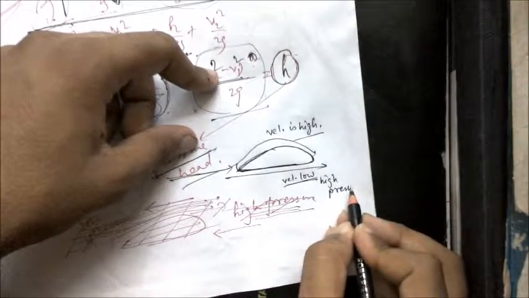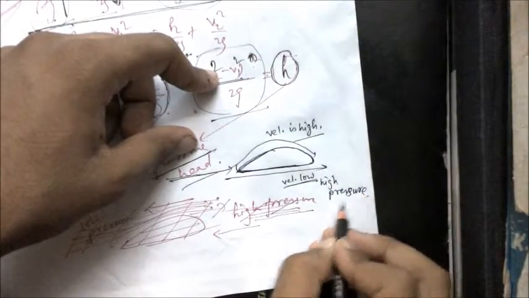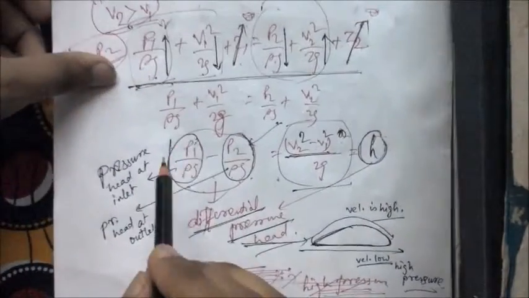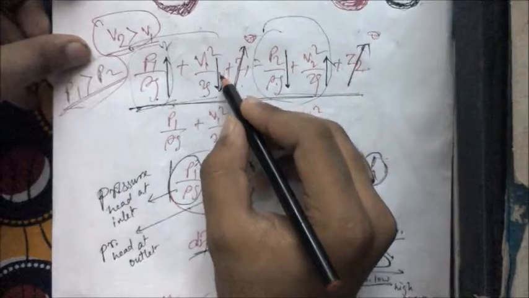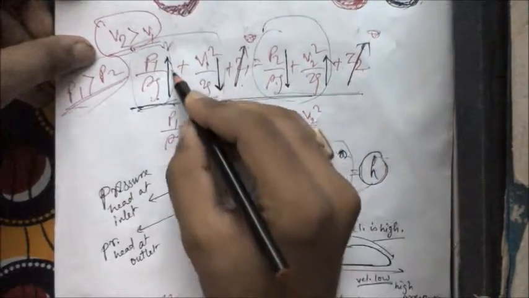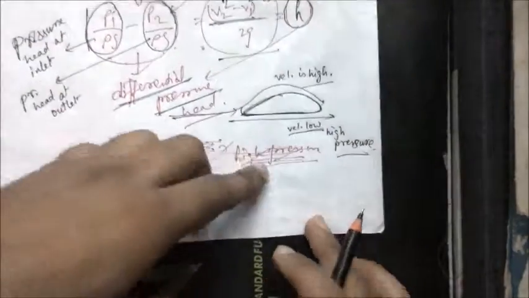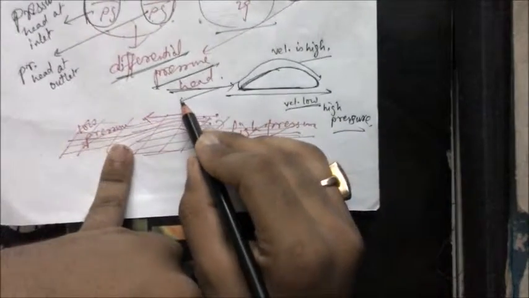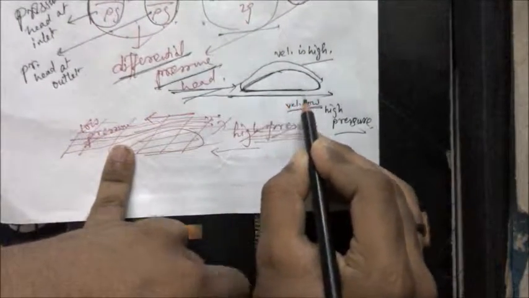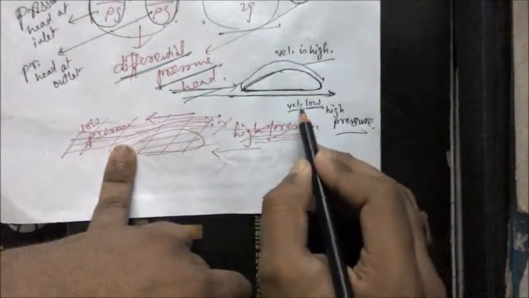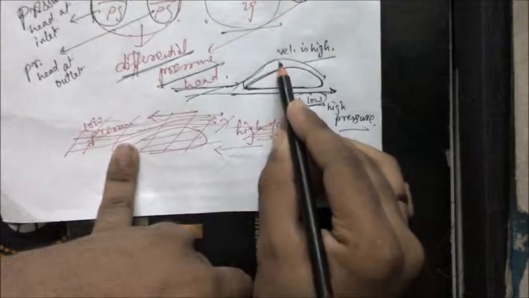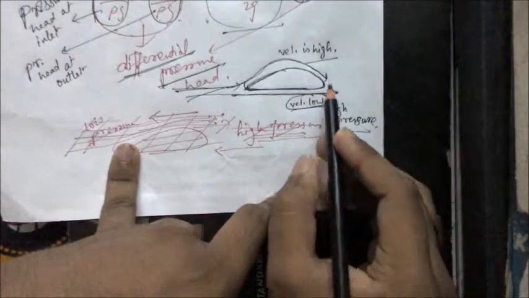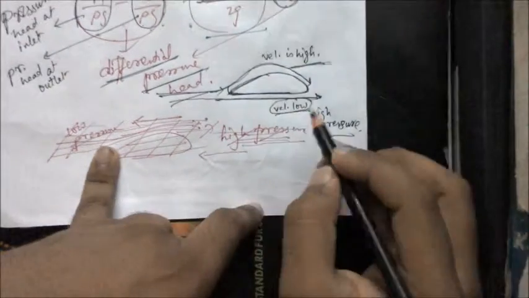From Bernoulli's equation we have seen that if velocity goes down, pressure goes up. That is the case here. When the air is flowing underneath the wings, the velocity is low. And above, the velocity is high, so the pressure is low.